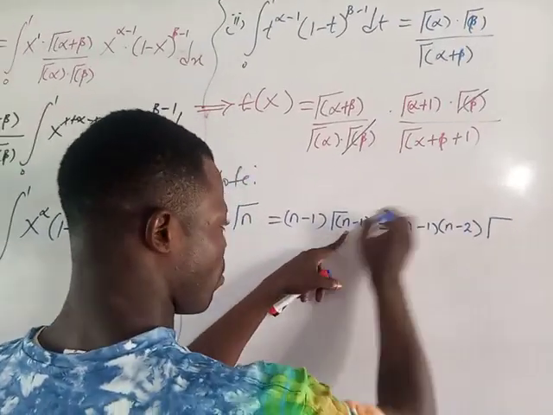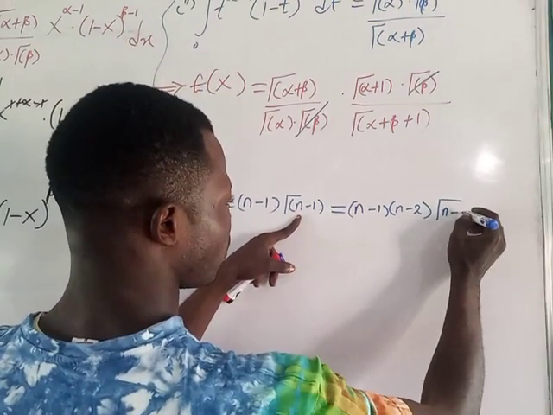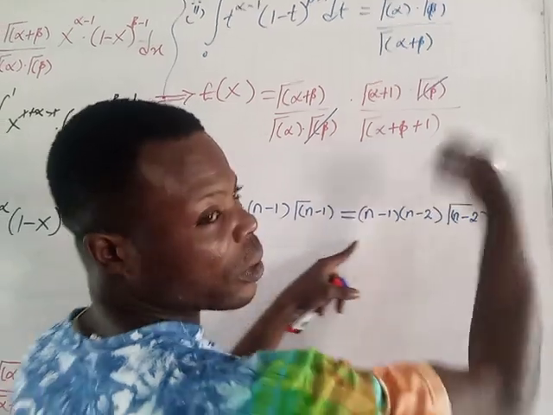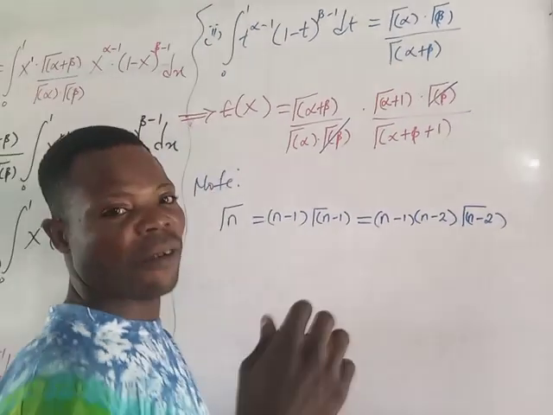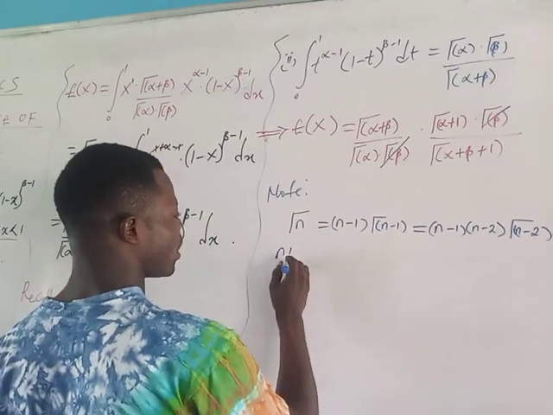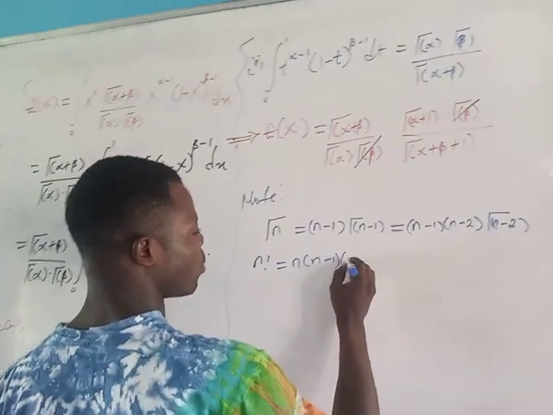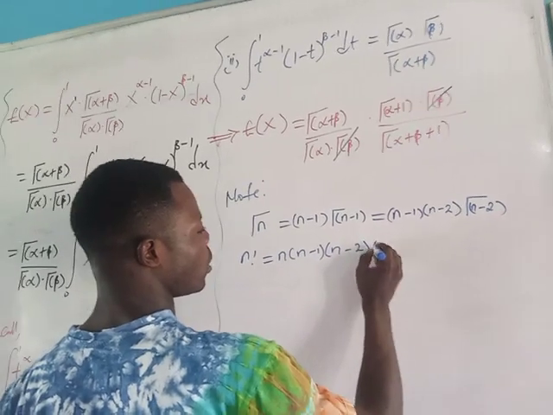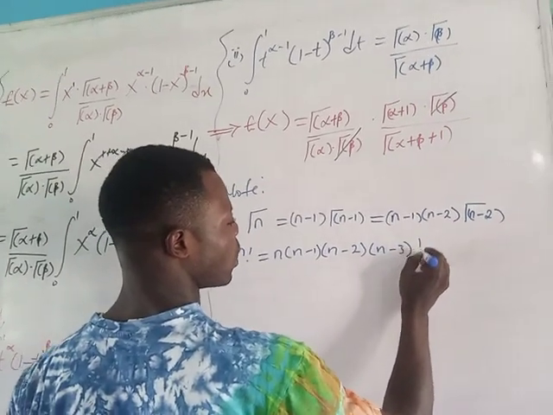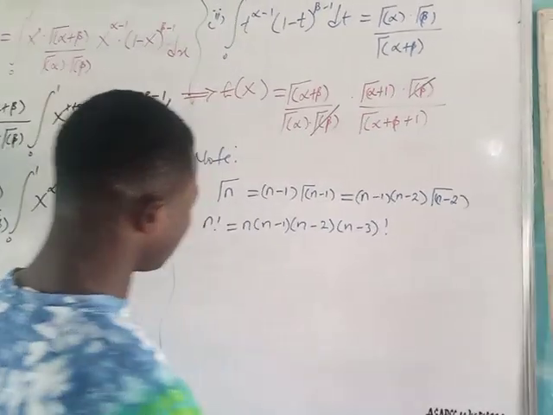So when you subtract 1 from this, it will be n minus 2. If you continue like that, it's just like a factorial. So when you are moving like n factorial, which is equal to n into n minus 1 into n minus 2 into n minus 3, like that, factorial. So that is the function we are using here.